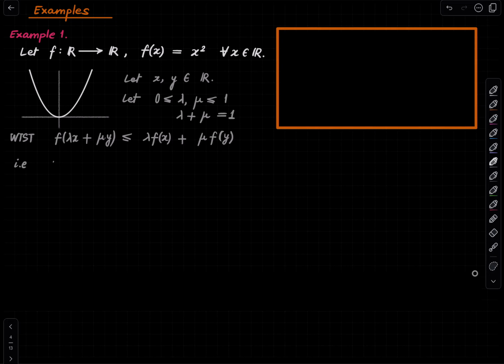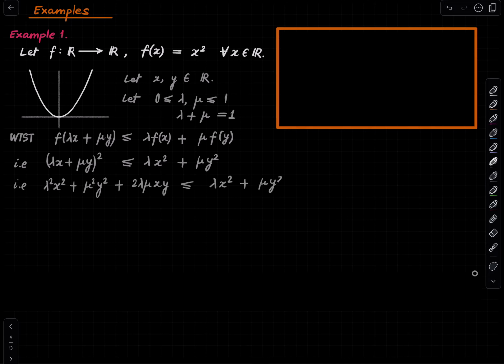So the left side is just lambda x plus mu y whole squared, and the right side is this, where we have to remember that this equation holds. So this is what we want to show, but let's expand out the left side. So that's equivalent to showing this.